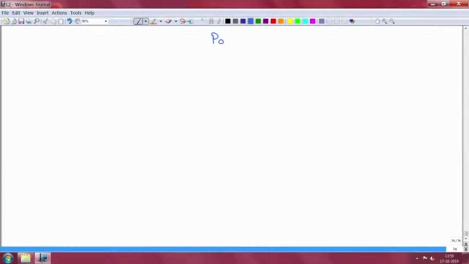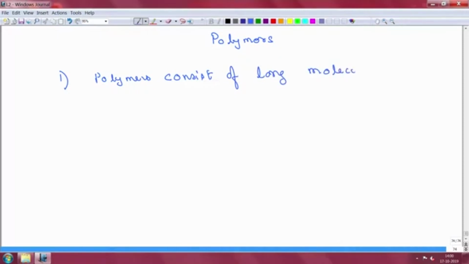We are looking at polymers, and some of the important points or issues that we discussed is that polymers basically consist of long molecular chains of covalently bonded atoms.